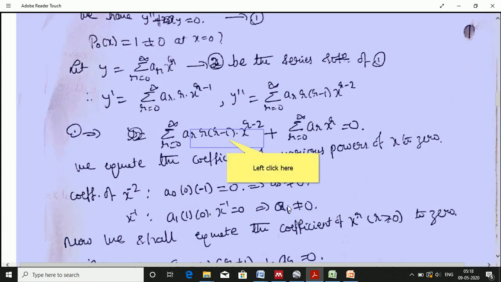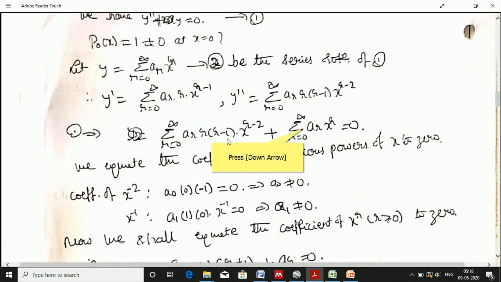Now if I substitute r equal to 2, x power 2 minus 2 is 0. If r equal to 0 in the second term, here also x power is 0. In both the terms we have equal powers, for r equal to 2 in the first term and r equal to 0 in the second term. Hence, equate the general term coefficient to 0.